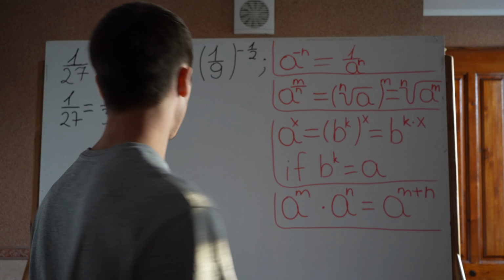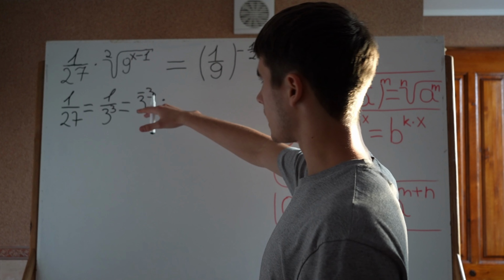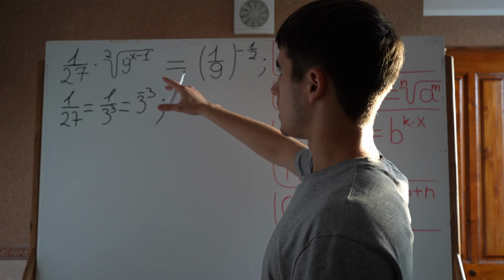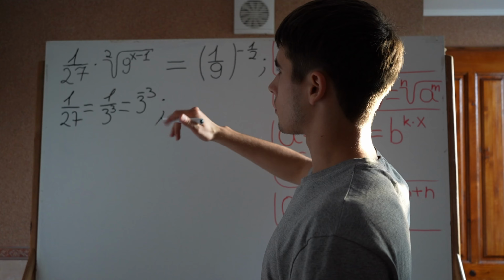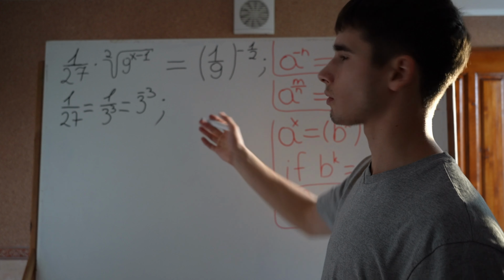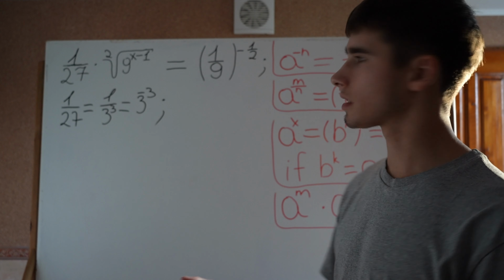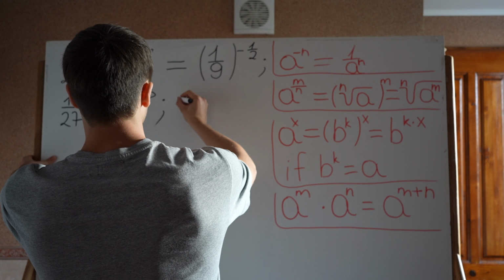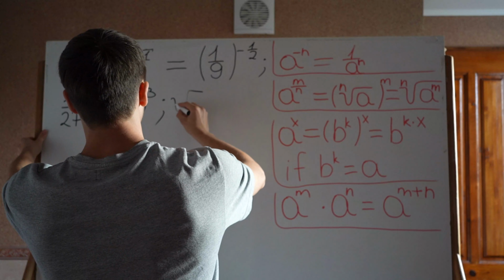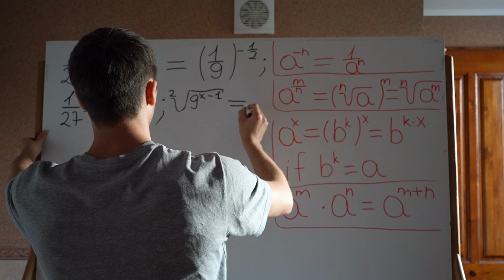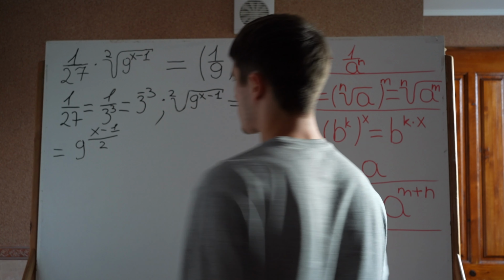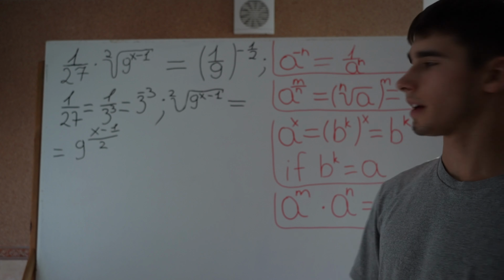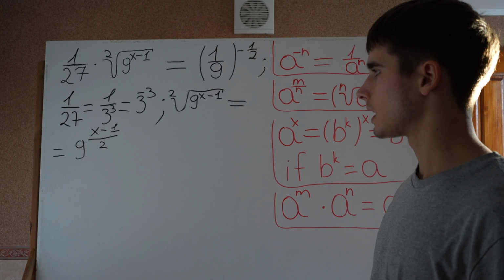So in this case we will get 9 raised to the power of x minus 1 over 2. So let's write it down. So this is what we get, and it's not over here.